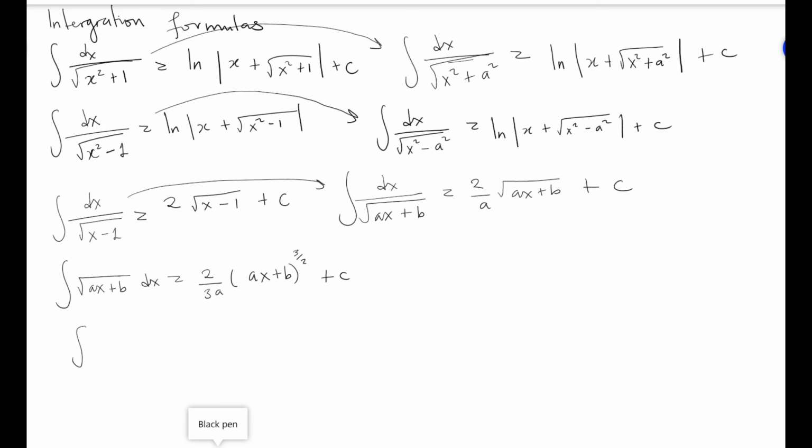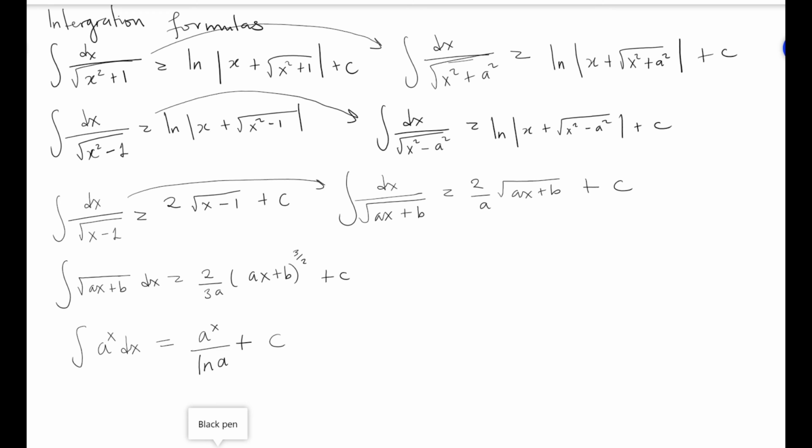If you have the integral of a to the power x dx, the answer is a to the power of x over ln of a, plus c. That's the general formula.